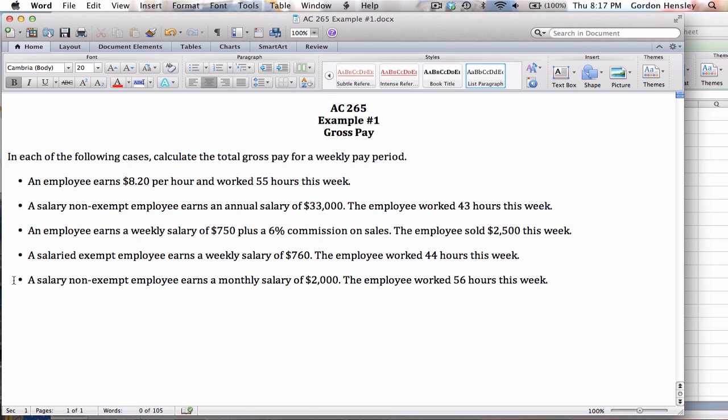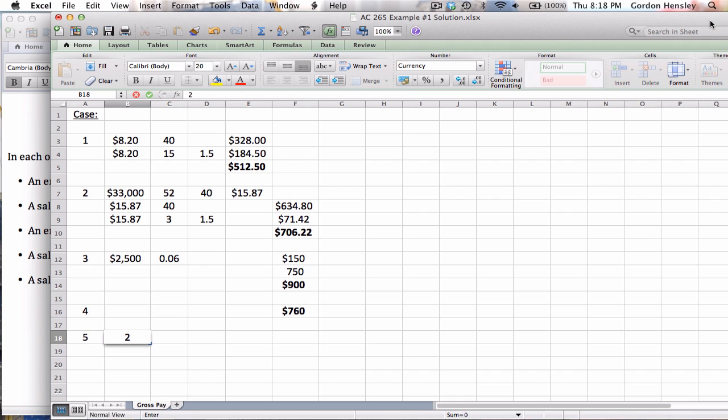And then the 5th and final case, a salary non-exempt employee earns a monthly salary of $2,000, and they worked 56 hours this particular week. Now this is going to be a little bit of a tough one because I'm going to have to manipulate that information a little bit. $2,000 monthly salary, well, there's 12 months in a year, 52 weeks in a year, and 40 hours in every week.